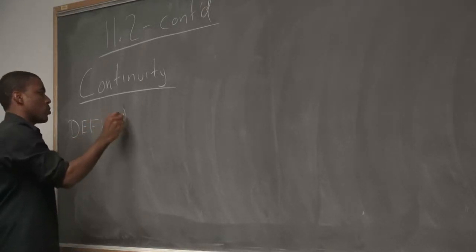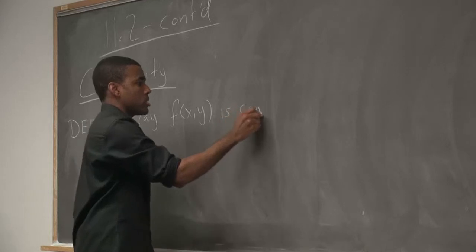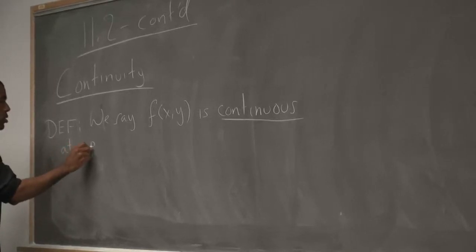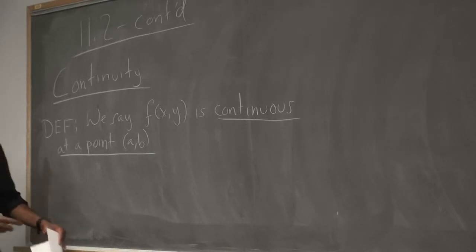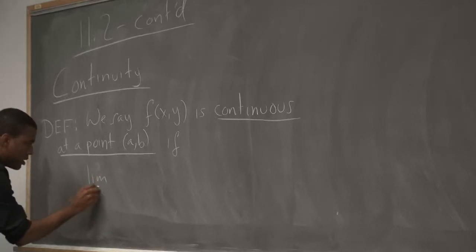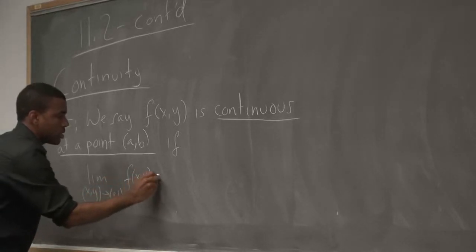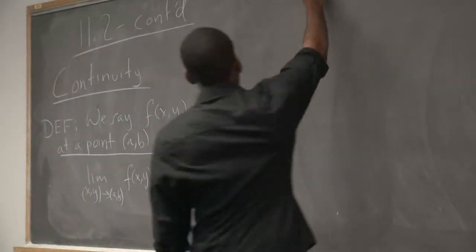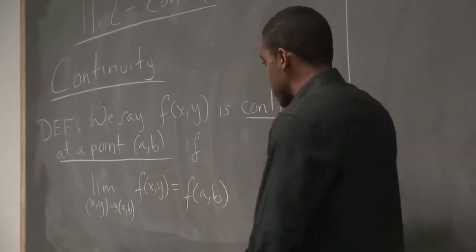So we say f of x,y is continuous at a point (a,b) if the limit as (x,y) approaches (a,b) of f(x,y) is equal to the function evaluated at the point. You won't always be able to evaluate the function at the point, but in the case where you can, and it coincides with the limit as you approach that point, you say the function is continuous.